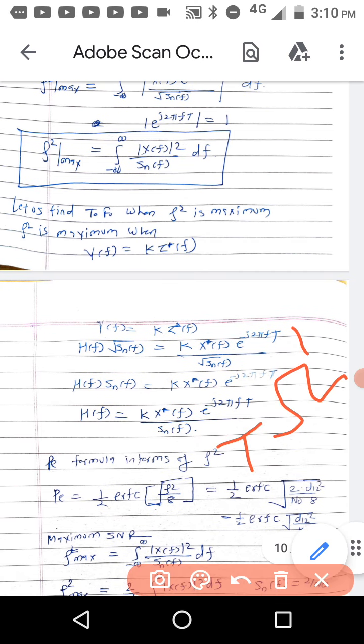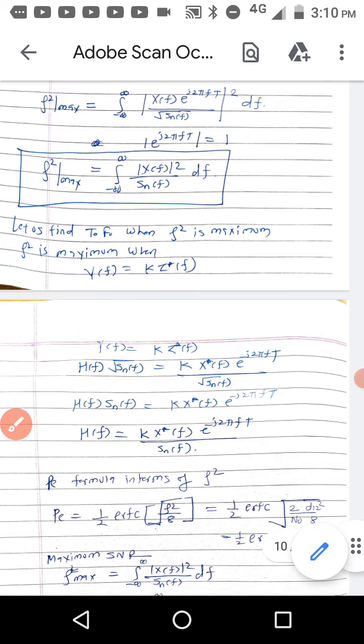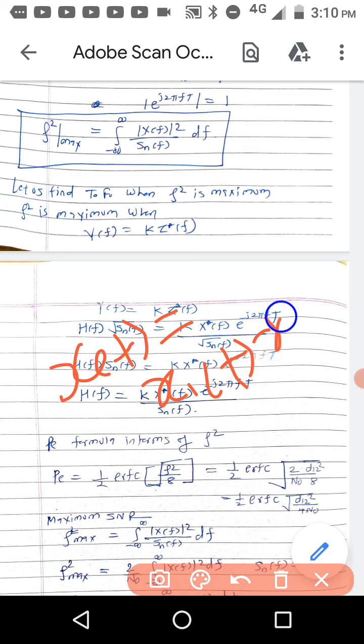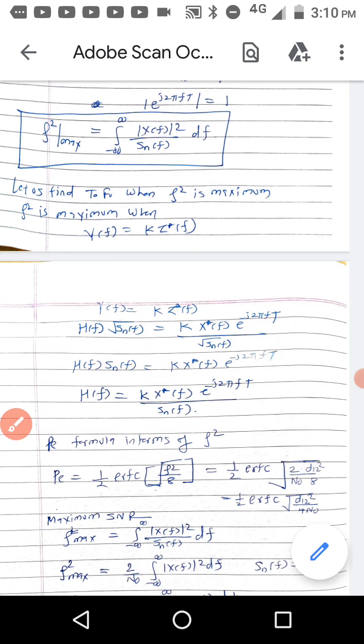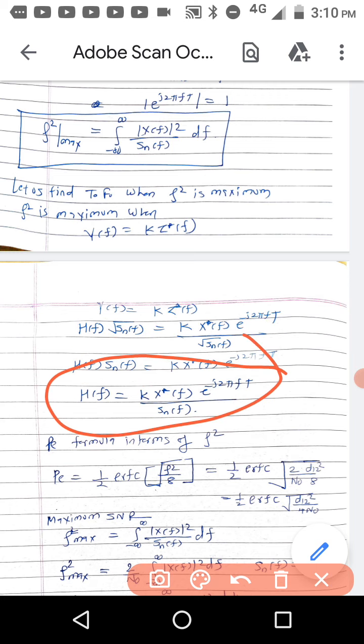X star f is the Fourier transform of x star t. So x(t) is equal to x1(t) minus x2(t), the input to the optimum filter, and S_n(f) is the PSD of the input noise. So this is the transfer function for the optimum filter.